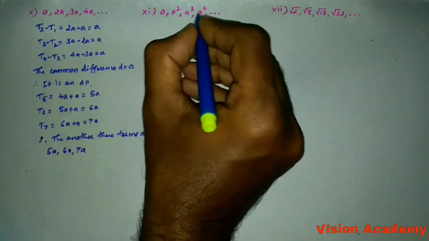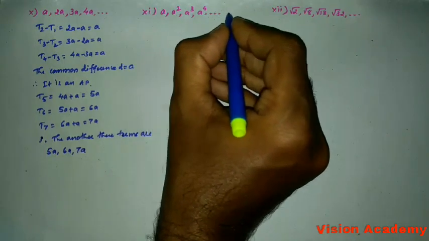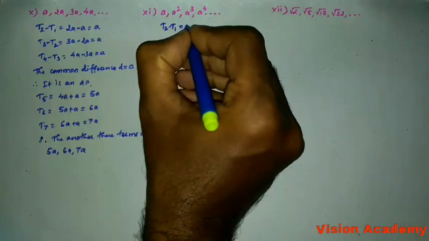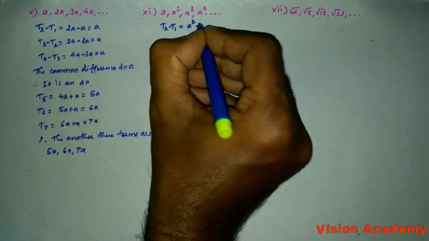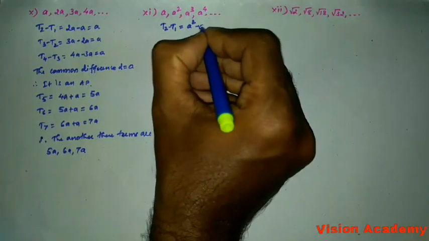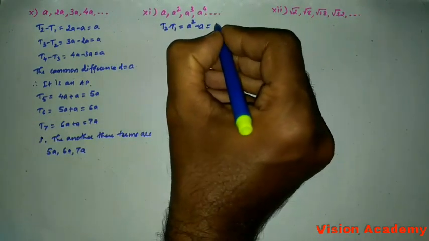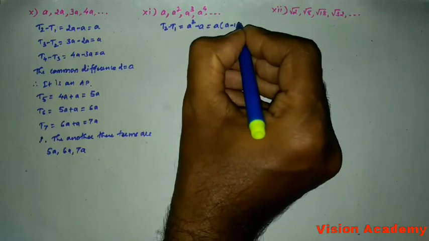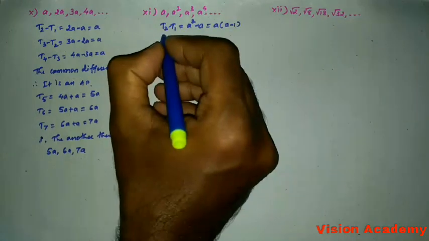A square, a cube, a to the power 4 and so on. Here T2 minus T1 is equal to T2 is a square minus T1 is a, which is equal to, if I take a common out, we will get a into a minus 1.